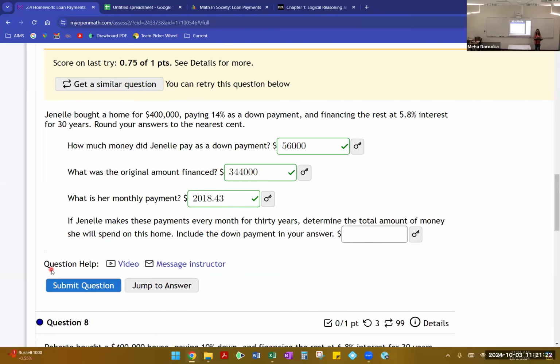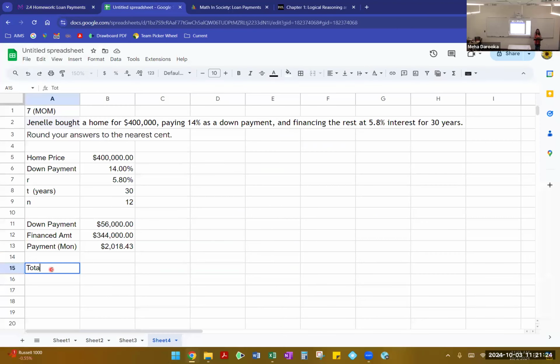So total amount of money spent, total money spent. Sure, that makes sense. How do we calculate how much money Janelle has actually paid towards this home? Monthly payment times N times T plus the down payment. Yes, very nice. So let's do that over here.